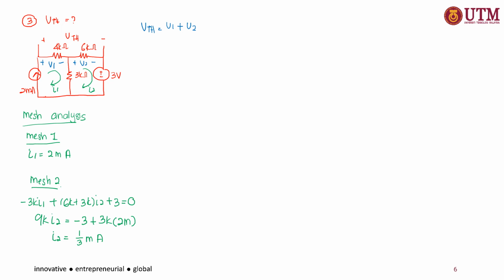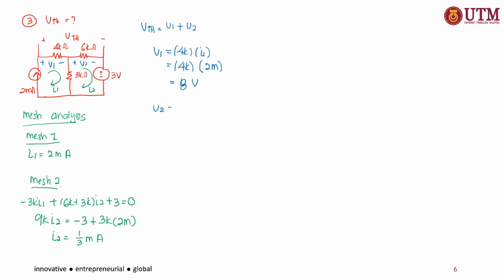Now we want to find our V1. Since we already have our I1 and I2, from here V1 is equal to the 4K resistor times I1, which is 4K times 2 milli. We get our V1 is equal to 8 volt.